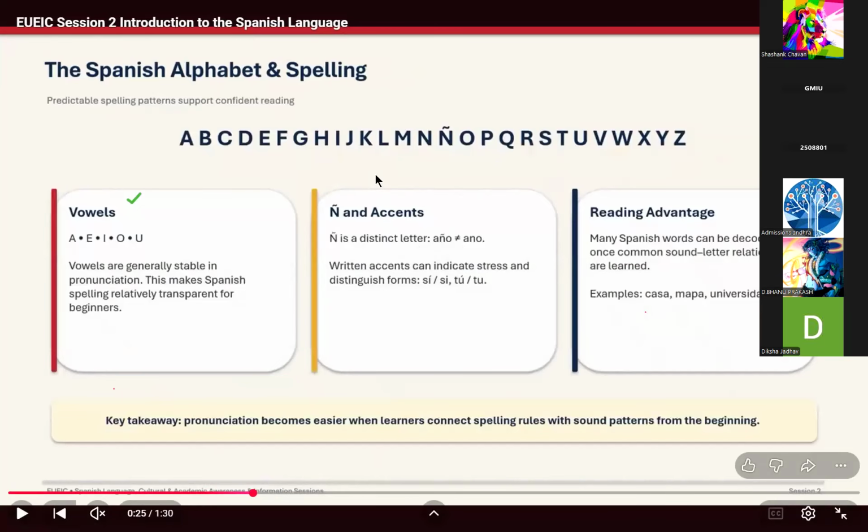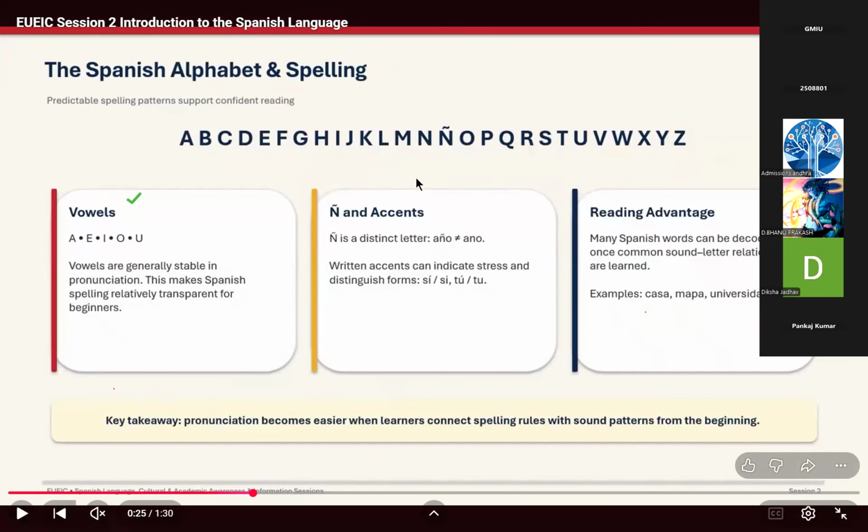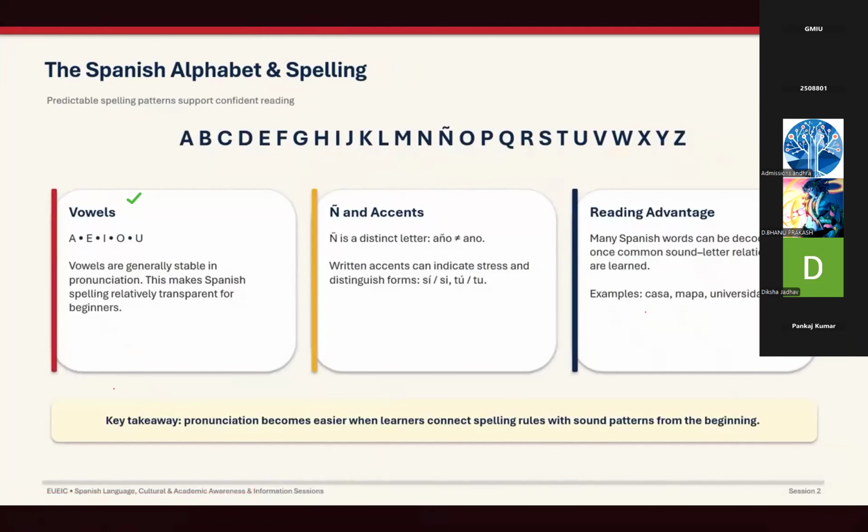Here are a few Spanish alphabets and spellings. The way you write Spanish is very similar. The alphabet and everything else is similar to English.